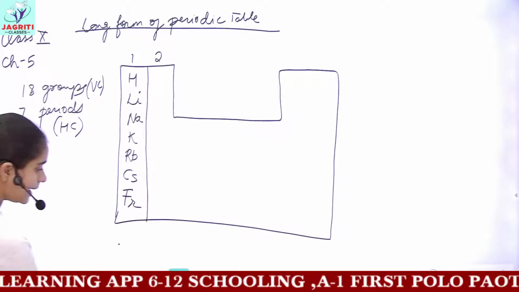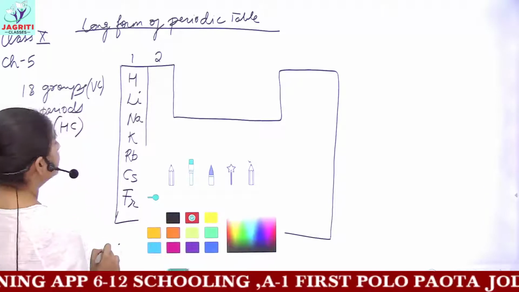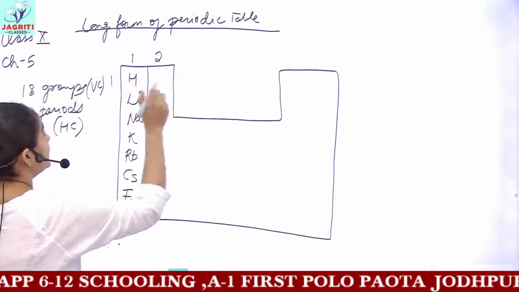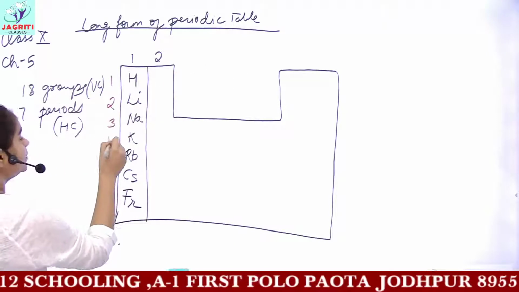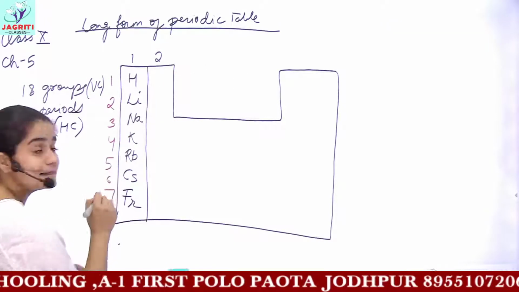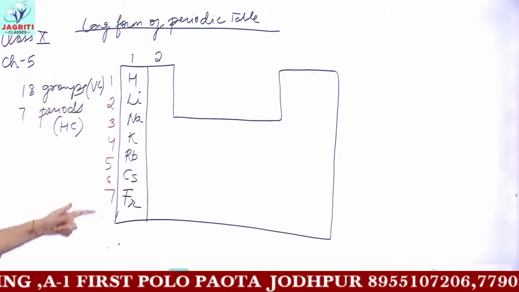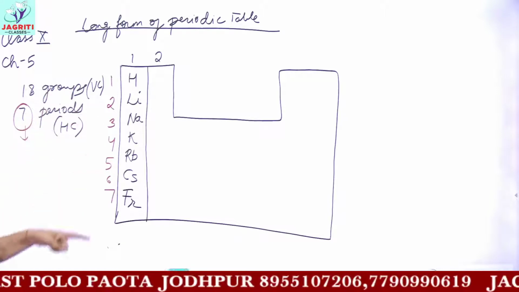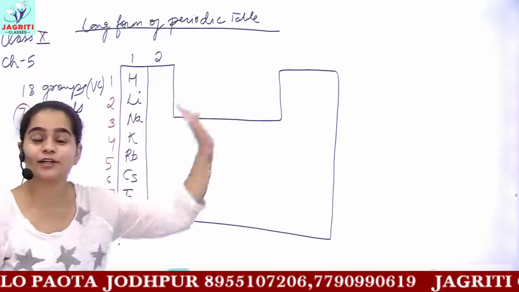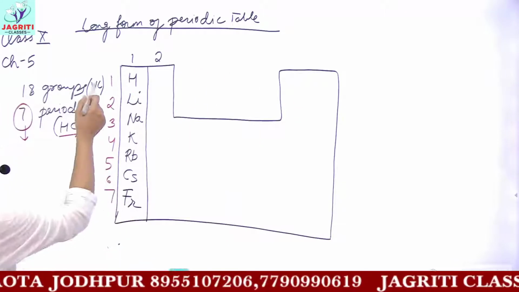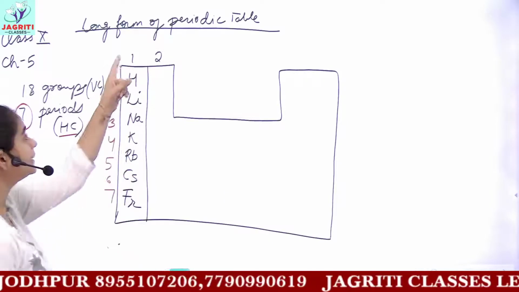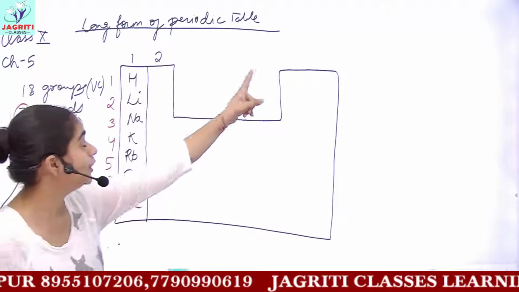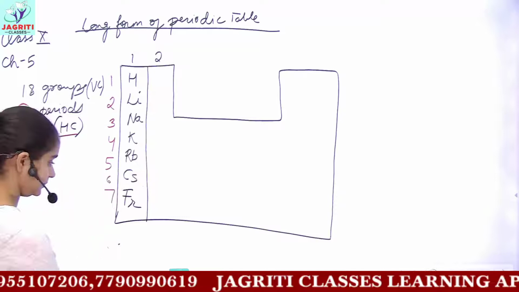If I write the number of periods, this would be your first period, then second, third, fourth, fifth, sixth, and seventh. The numbers which I have abbreviated with the red color are your periods. These are your horizontal rows. The vertical columns, which are numbered at the top of every column, are your groups.